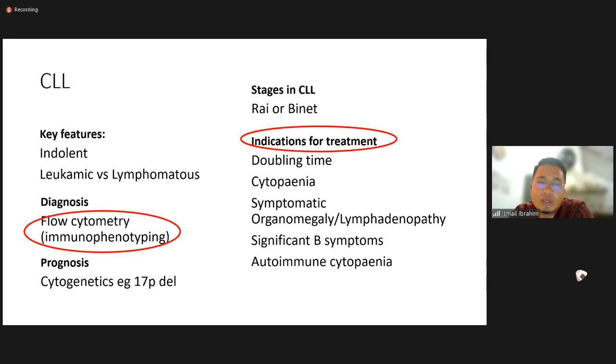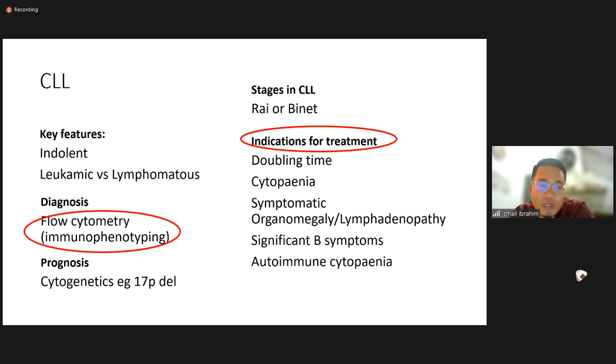In terms of terminology, we use the term CLL for those having increase in white cell count, lymphocytosis. But for those without lymphocytosis, and we find the leukemic cell in the lymph node, we call it small lymphocytic lymphoma. Even though it is named as lymphoma, it is very much the same biology as CLL, and it should be treated the same way as well.